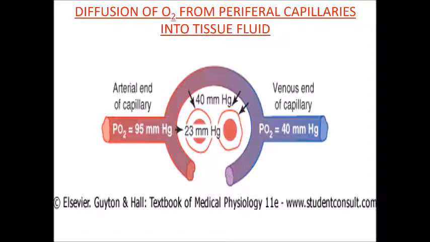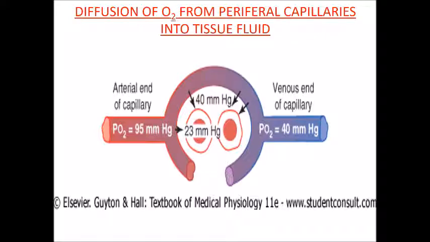Now between cells and capillaries there is interstitial fluid, and this interstitial fluid has a PO2 of 40 millimeter of mercury. So there is a large pressure gradient, 95 minus 40. So oxygen will diffuse rapidly from capillaries into interstitial fluid.